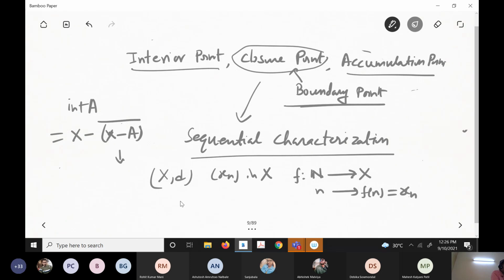So the definition of a sequence is not a problem. The problem is how do you define the convergence of a sequence?